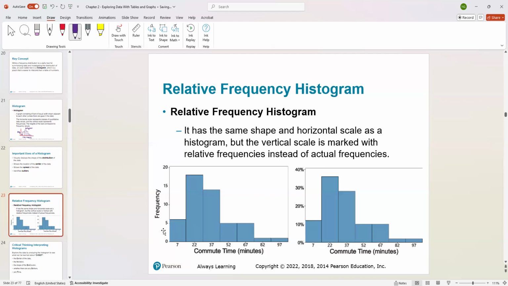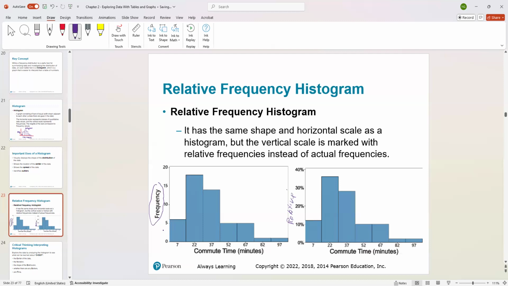The graphs are identical, especially on the horizontal scale axis, where you have the classes or the class boundaries. But the vertical axis, which is the y-axis, would be different because, as you can see in the first graph, this is a frequency, we use 0, 5, 10, but on this side it would be relative frequency.